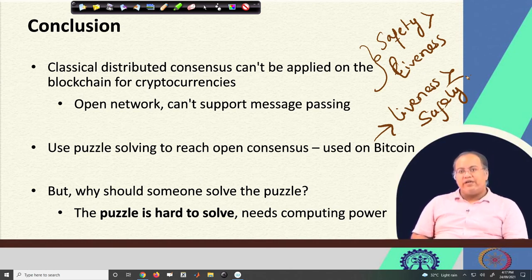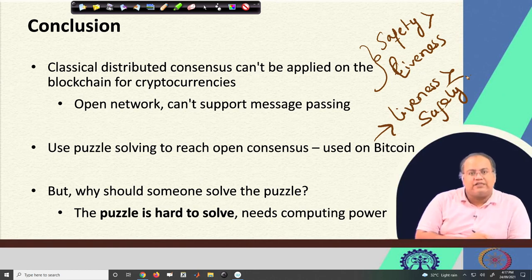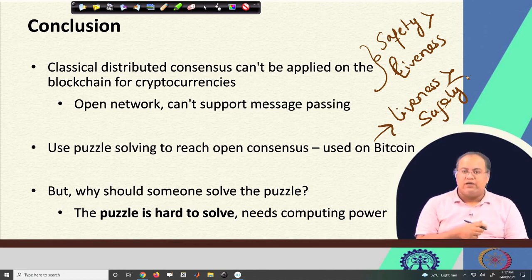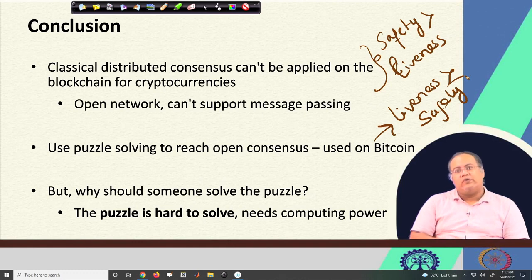You really need to invest your computing power to solve it. So, this is my next open question: how can I attract people to solve this particular puzzle and participate in the Bitcoin network or my cryptocurrency network? In the next lecture we are going to discuss this in detail.